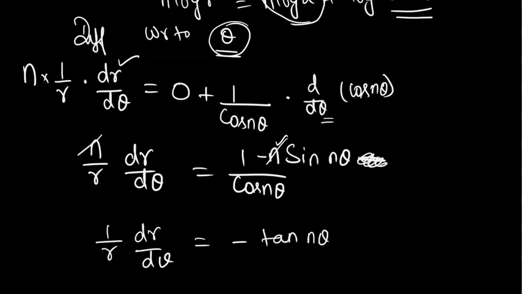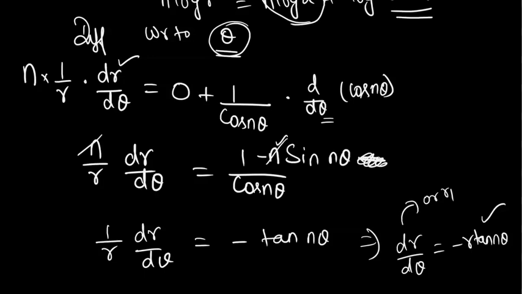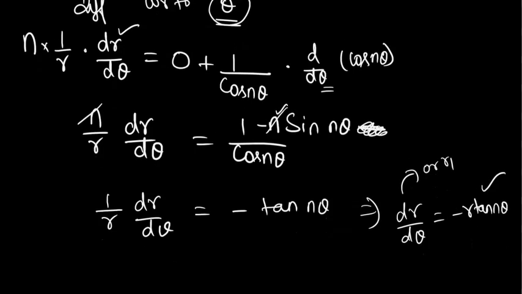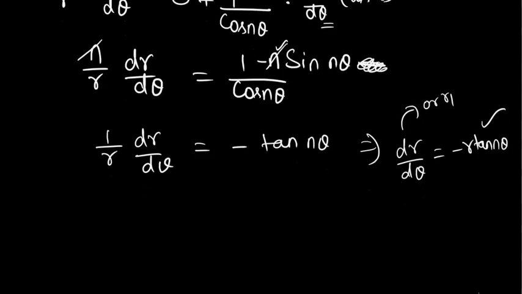Or I can say, what do we want? dr/dθ. dr/dθ is equal to, that is r1, minus r tan nθ. This or r1, both are same. So one term we got for substituting in the formula. We want r1 as well as r2, right?